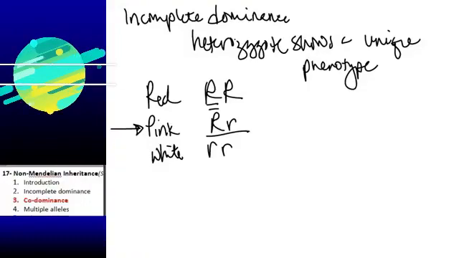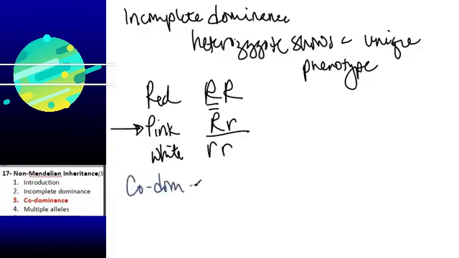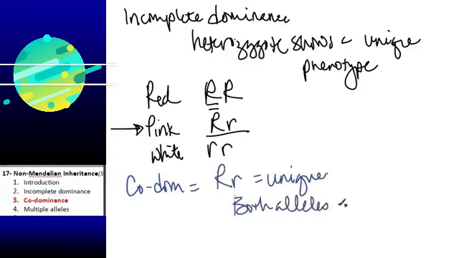Now, codominance is a situation where both alleles are expressed fully. So in the heterozygote, again, you have a unique phenotype, but both alleles are expressed.